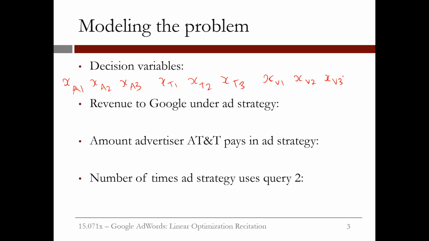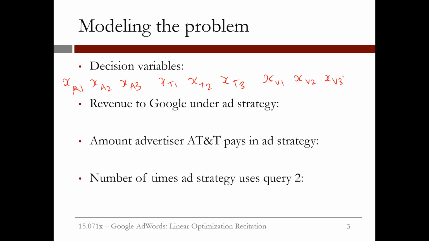Now, how do we compute the revenue to Google, which is our objective? Well, we know the average price per display, and our decision variables tell us exactly how many times we will display each ad for each query. So all we need to do is multiply each decision variable with its corresponding average price per display and add them all up.